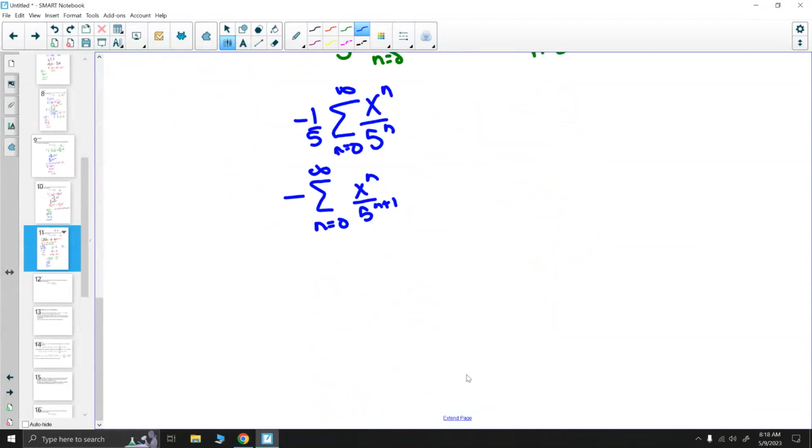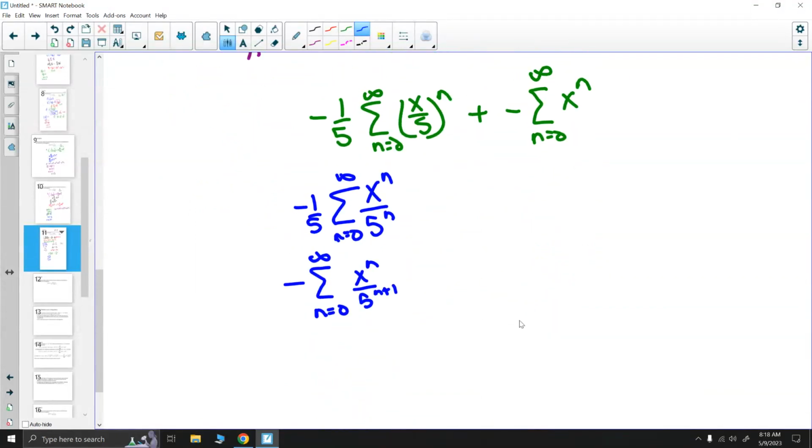Now we're going to deal with this minus here. I'm just going to write minus the sum n equals 0 to infinity of x to the n. Okay, now because these both have the same set point, n equals 0 to infinity, we can really combine them.